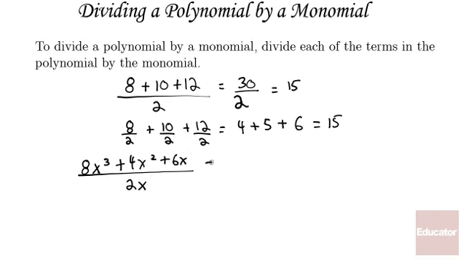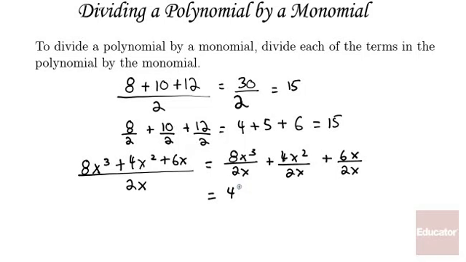So this is equivalent to 8x cubed divided by 2x plus 4x squared divided by 2x plus 6x divided by 2x. Then we just use our usual rules for dividing monomials. So 8 divided by 2 gives us 4.